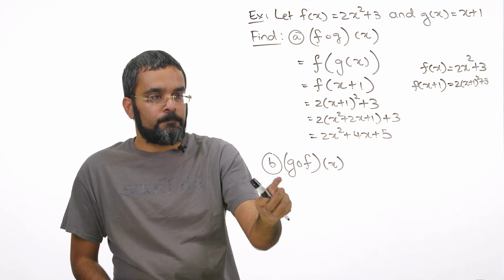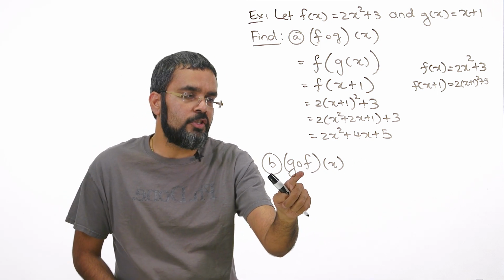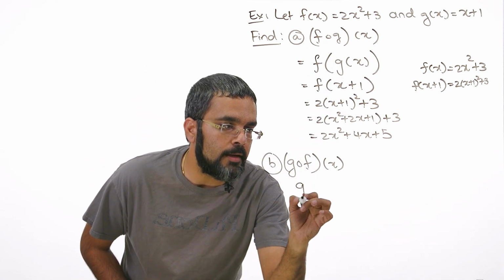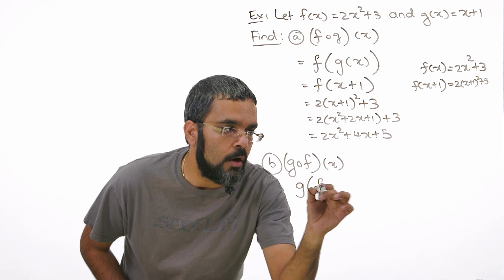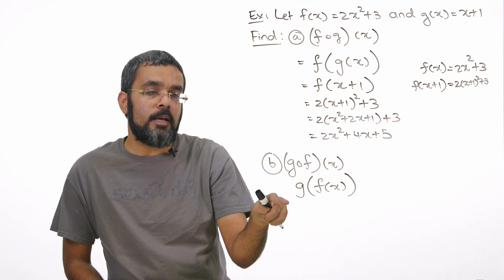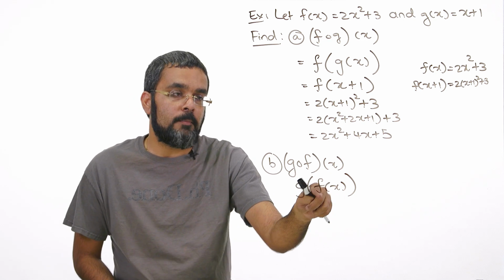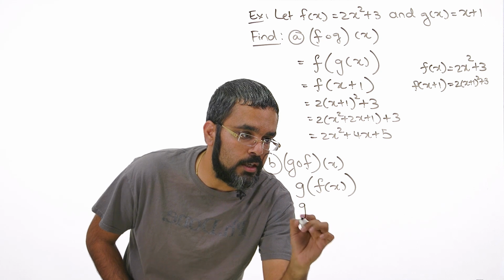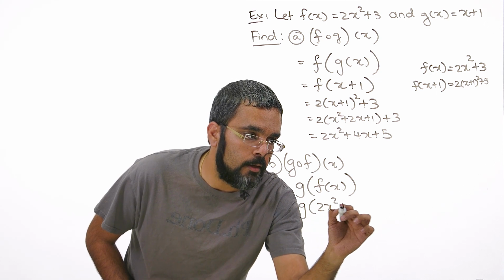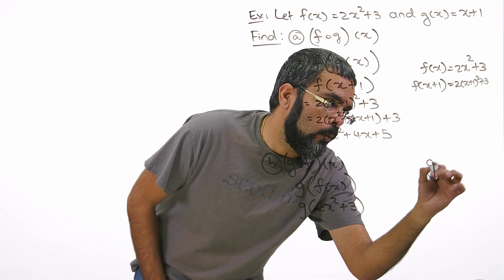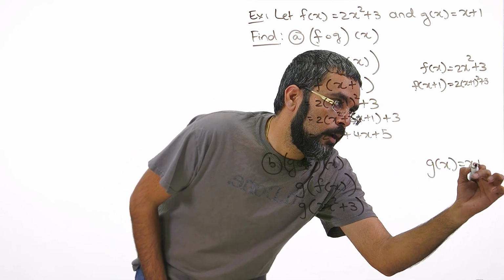Now, example B, we want to find g of f of x. Well, it's kind of like the opposite, where by definition, this is going to be g of f of x. So here, g is not my input, but f now becomes the input. So I'm going to replace f(x) with what it is, that is 2x squared plus 3. So this is g of 2x squared plus 3. What is g of x? I know g of x is x plus 1.